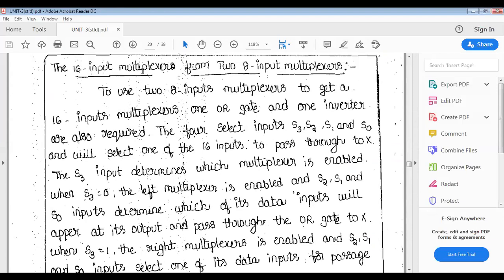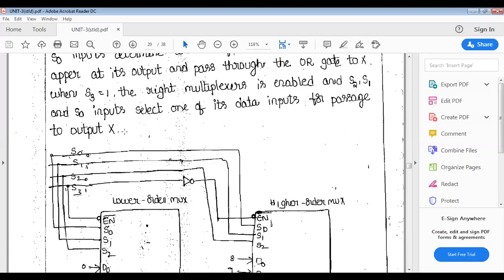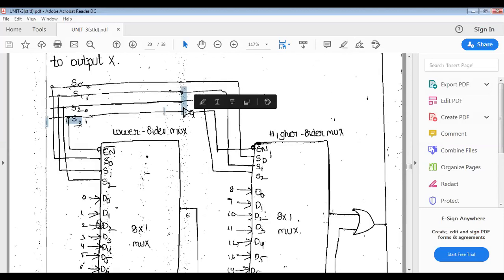To get a 16 input multiplexer from 2 8 input multiplexers, 1 OR gate and 1 inverter are also required. 1 inverter here. See, the inverter is there. That inverter output is connected to one of the enable inputs. There is an inbuilt enable input that we can use whenever a higher order multiplexer is designed using lower order multiplexers.